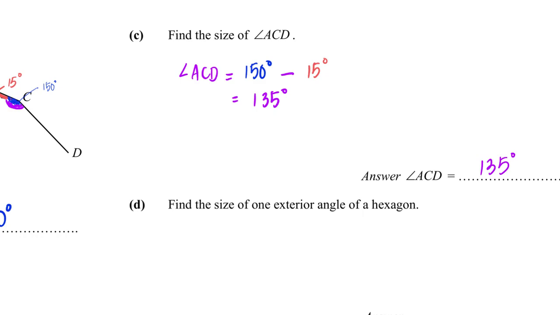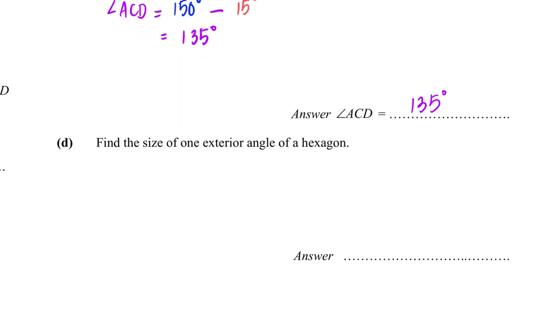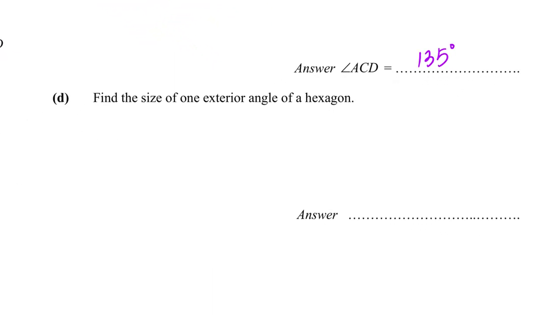And find the size of one exterior angle of a hexagon. This is not related to any of the previous parts. So for a hexagon, we need to know that this is a 6-sided figure.